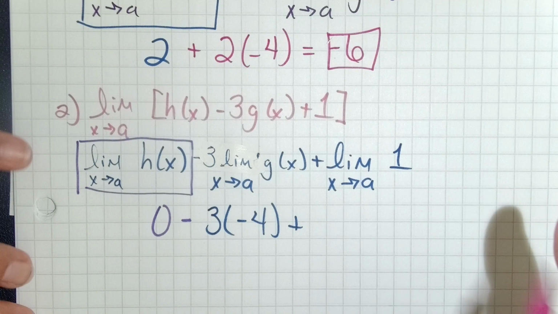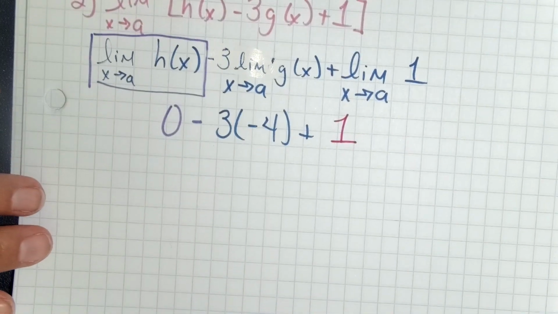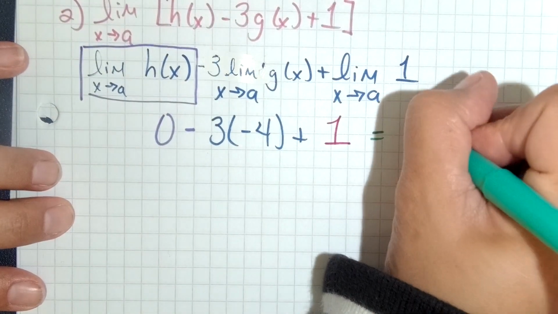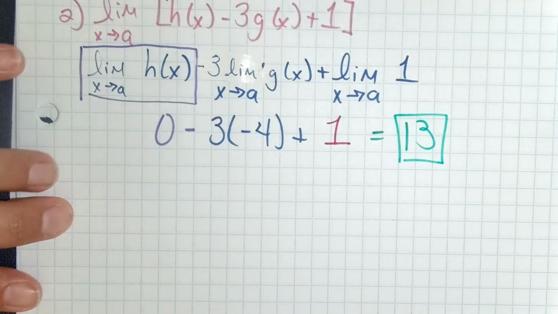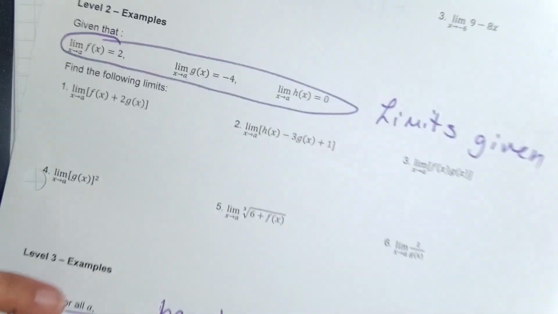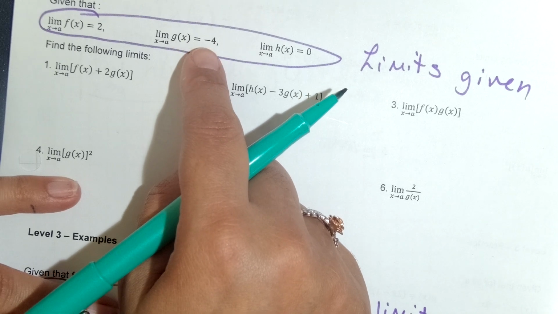Yes, 1. And that's going to be equal to 13 if I did my math in my head correctly. What's another one? Good question. Thank you for asking. G of x is -4. Do you see that?